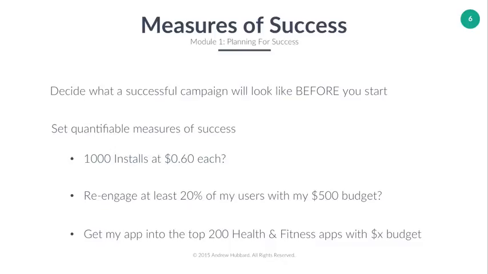Lastly, I've just said here, you might want to get your app into the top 200 health and fitness apps with X dollar budget. So that's another goal where you can say, at the end of the campaign, did we get our app into the top 200, yes or no? Success or not? Quantifiable, easy to measure figures. That's what we're looking for here.